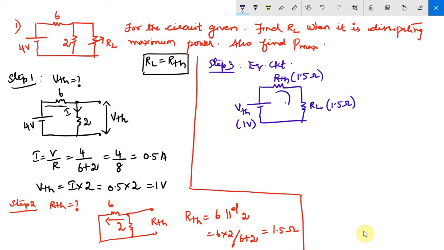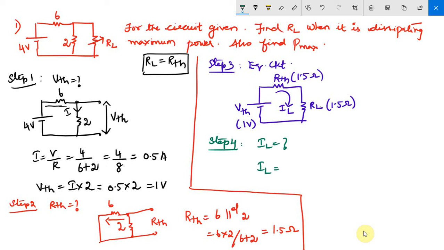Now find out the current flowing through your load. Let me take that current to be IL. That will be your step 4: we need to find the load current through the load resistance RL. What is the formula for IL here?